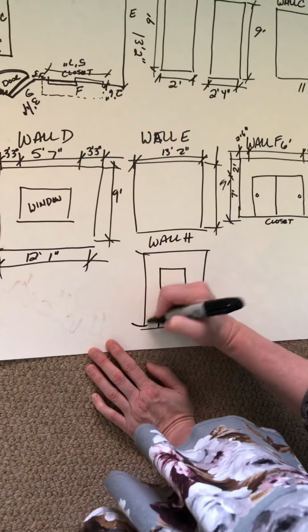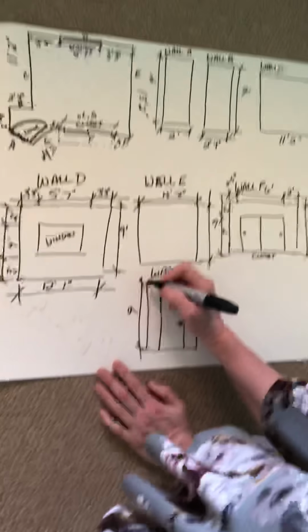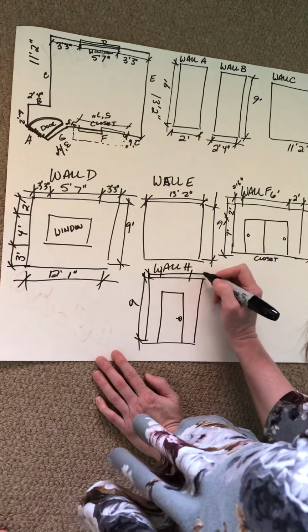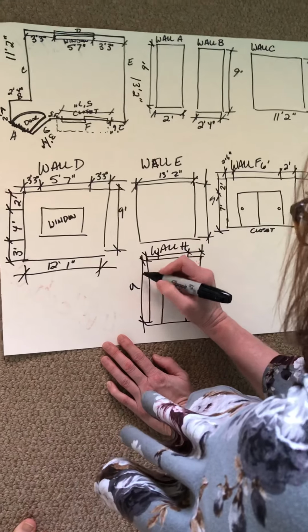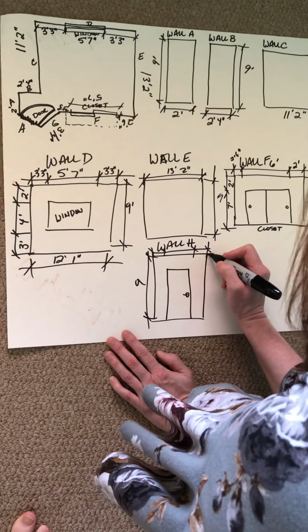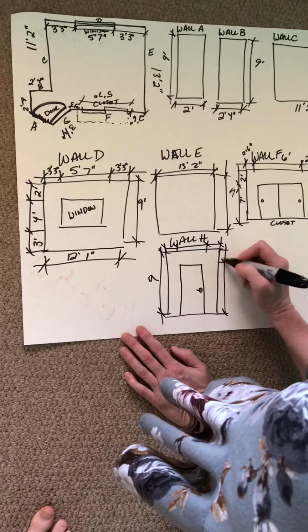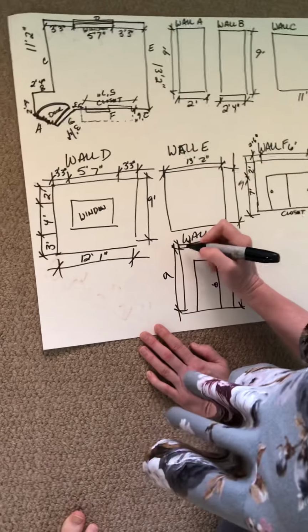So we've got the 9 feet. And then we just got the measurements up here, so where the door is. And then we also have this measurement of the height of the door. Okay, so this area was only 6 inches.